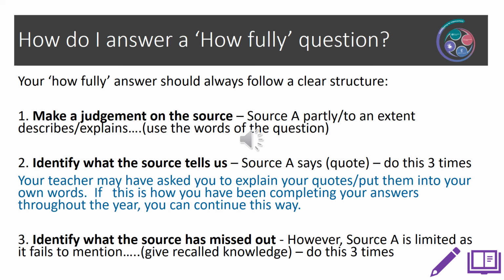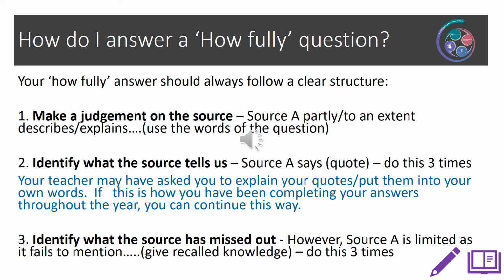If this is how you've been completing your answers throughout the year, you can continue it this way. If your teacher has told you that you can just quote from the source, you can also complete it this way. The most important thing for you to remember when you're taking information out of a source in a how fully question is to make sure that the information that you're selecting directly answers the question. And remember that you need 3 quotes or 3 pieces of information from the source.